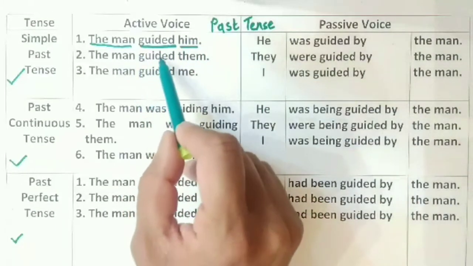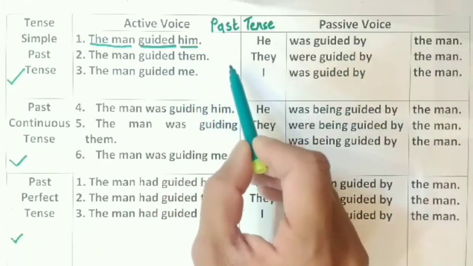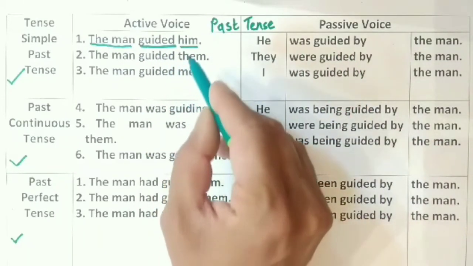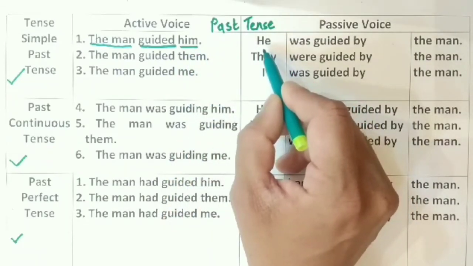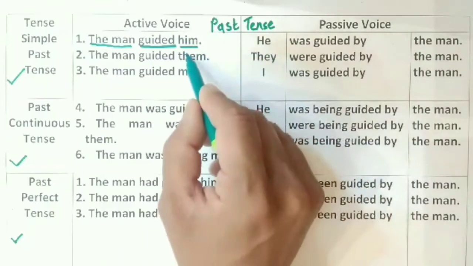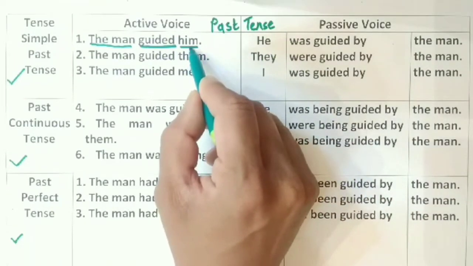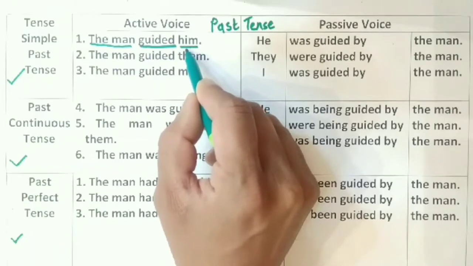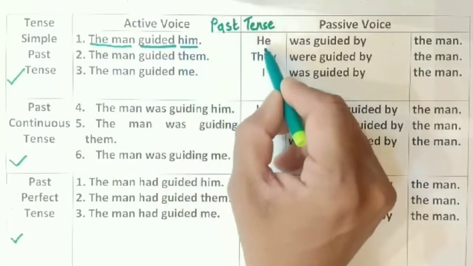Now we are going to transform this active sentence into passive sentence. So what do we do first? We begin the passive voice with the object from the active voice. So what is the object of the active voice? Him. So we cannot write down this him as it is here in the beginning of the passive voice.